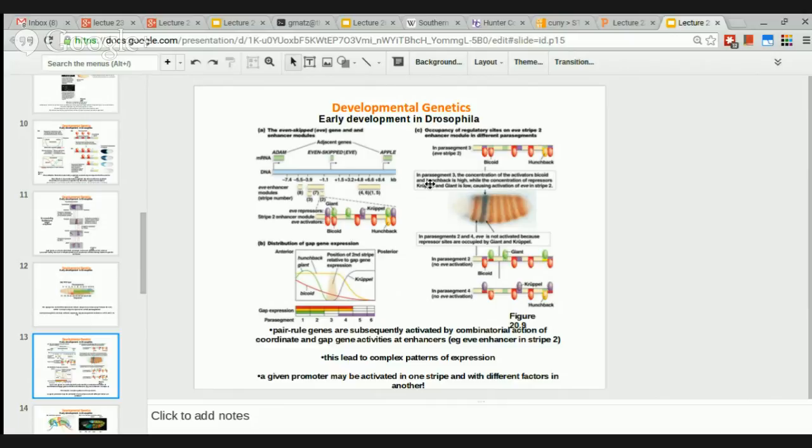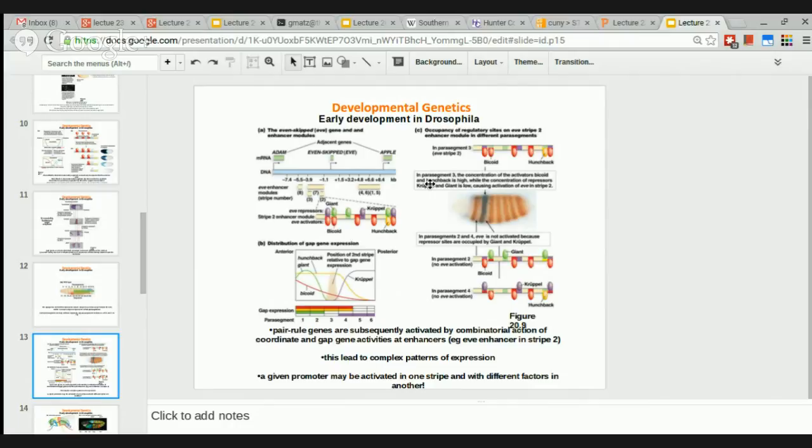So this is the stripe 2 enhancer module, regulatory sequences, and all of these genes here, gap genes, they can induce or repress the transcription of the gene. So for example, this module contains elements to which giant and Krüppel bind, and in doing so, they repress transcription of even skipped.